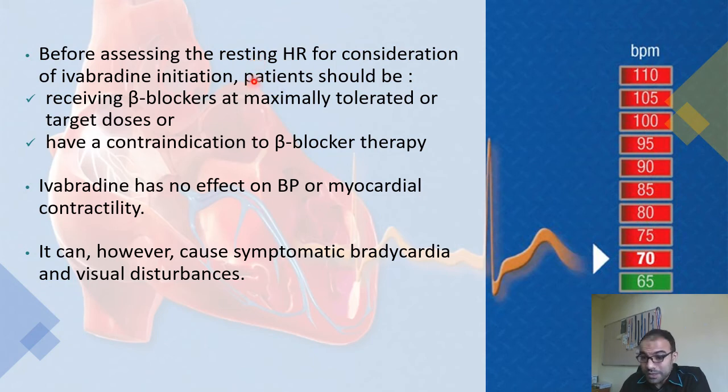Those patients have to be already receiving the beta blocker at the maximally tolerated dose or target dose, or have a clear contraindication to beta blockers. This is the main group of patients eligible for baseline assessment of the heart rate to consider initiating ivabradine. Ivabradine has no effect on blood pressure or myocardial contractility, and it has been reported to cause symptomatic bradycardia and some visual disturbances.